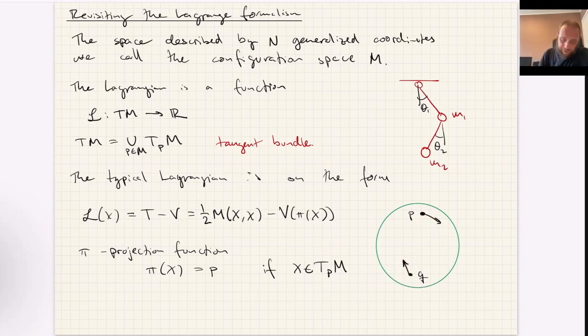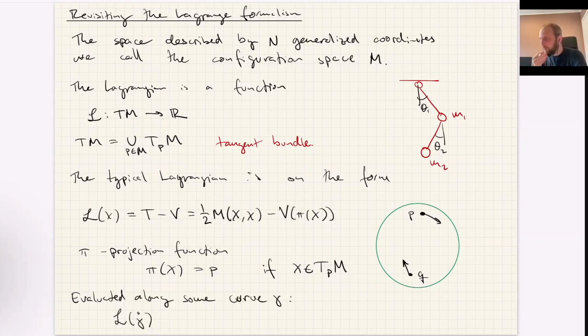So evaluating this along some curve gamma, we would have that L is a function of the tangent vector of gamma, and that depends on time t.